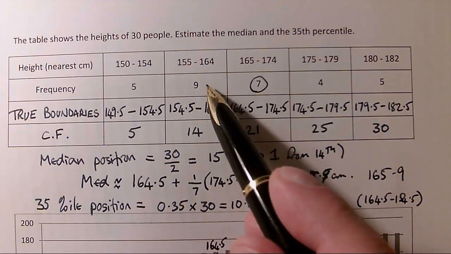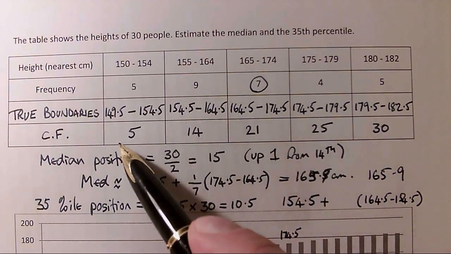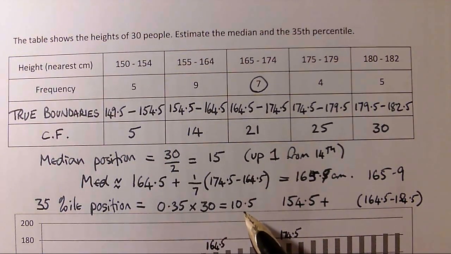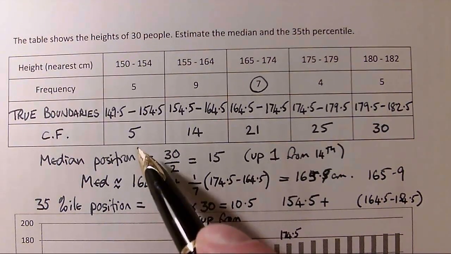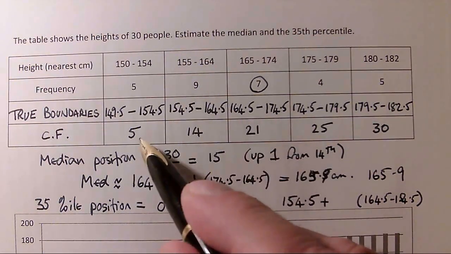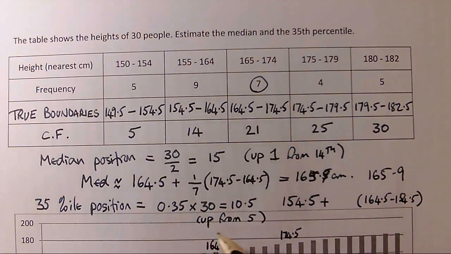Okay, there are 9 people in this group. I need to climb from the 5th person to the 10.5th person. By the time I enter this group, I've already had 5 people. So how many more people do I need?